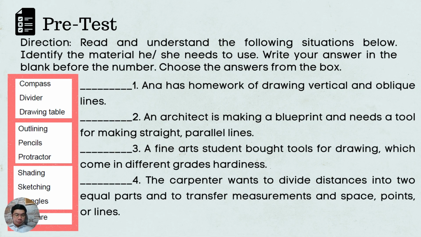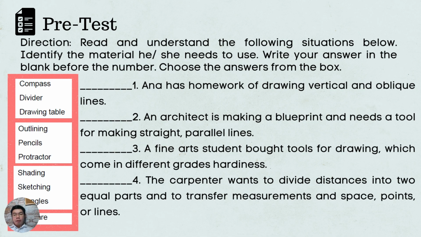Number 1. Anna has homework of drawing vertical and oblique lines. 2. An architect is making a blueprint and needs a tool for making straight or parallel lines. 3. A fine art student bought tools for drawing, which come in different grades of hardness. 4.